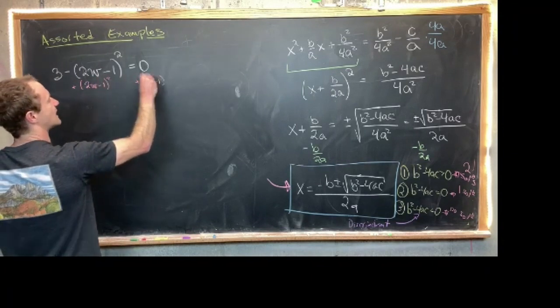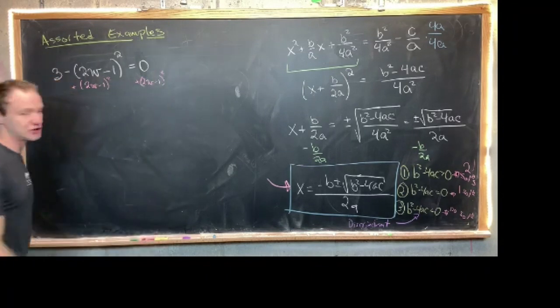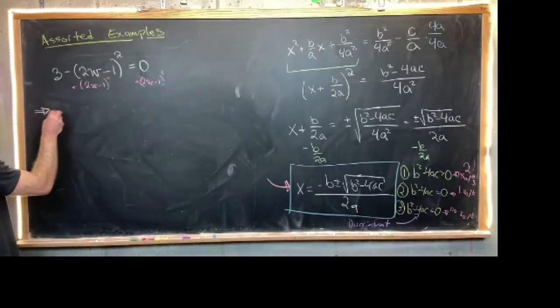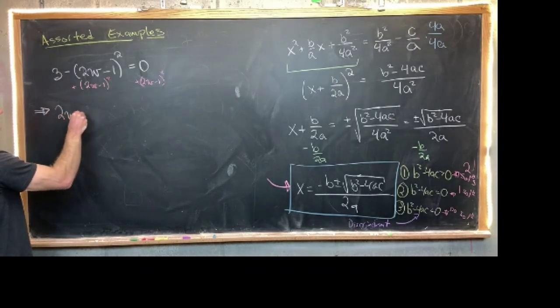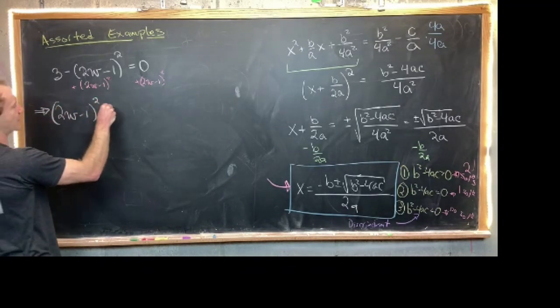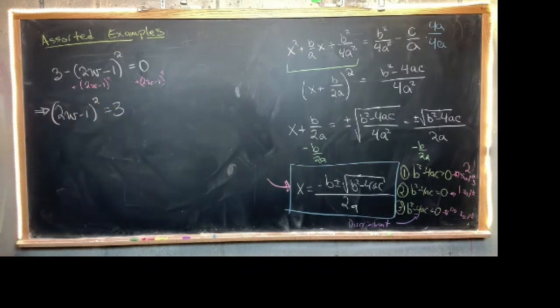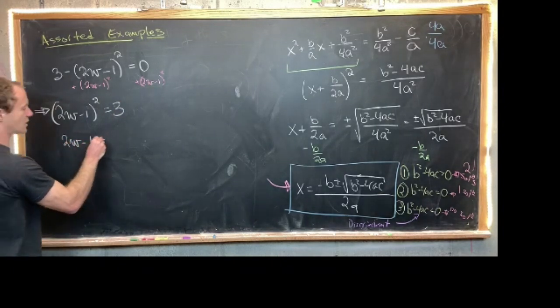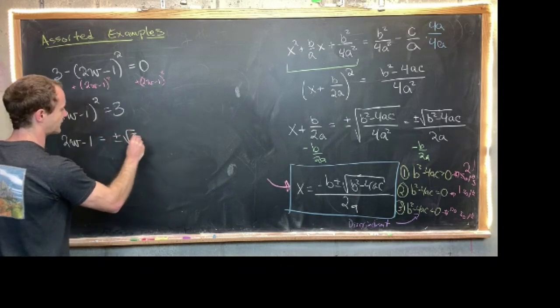So we're thinking about this as an equation for 2w minus 1 squared. That's going to leave me with 2w minus 1 squared equals 3. I kind of switched the sides of the equation, but that doesn't change anything. Now I can take the square root of both sides. That gives me 2w minus 1 equals plus or minus the square root of 3.